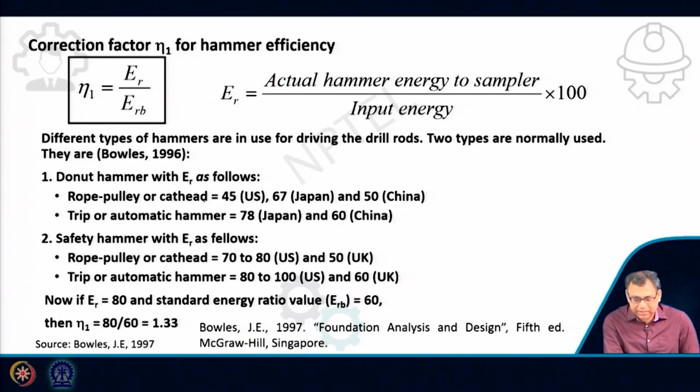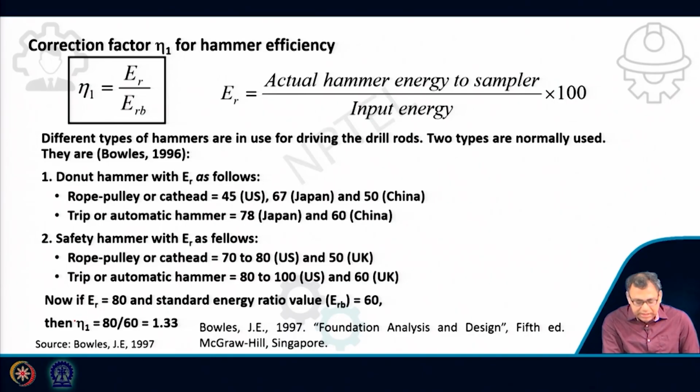For the safety hammer, with rope pulley or cat head, it is 70 to 80 in US and 50 in UK, and for trip or automatic hammer, 80 to 100 in US and 60 in UK.